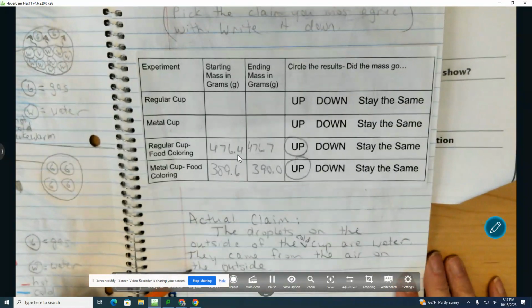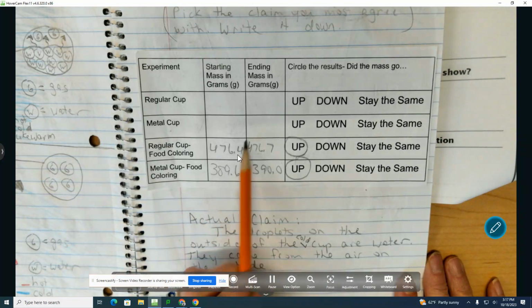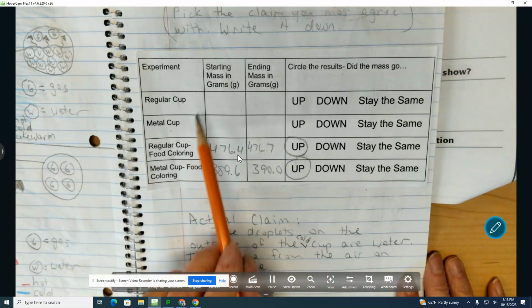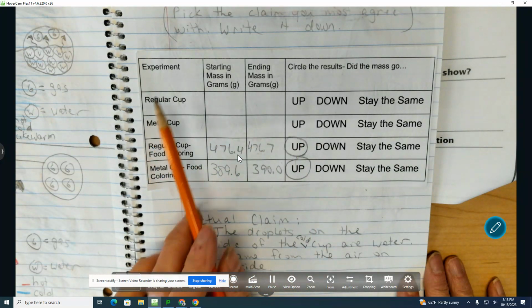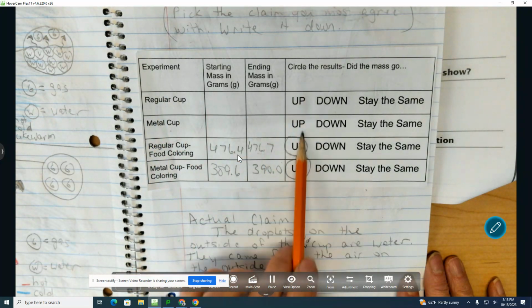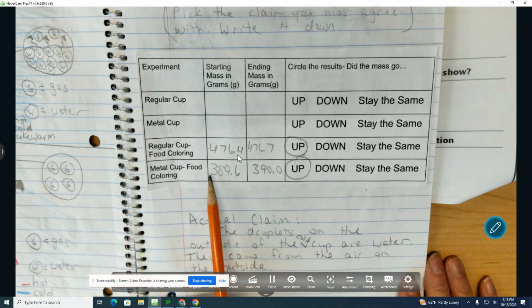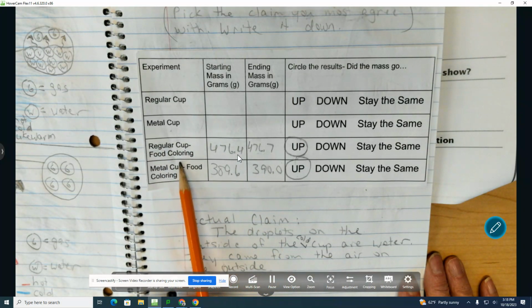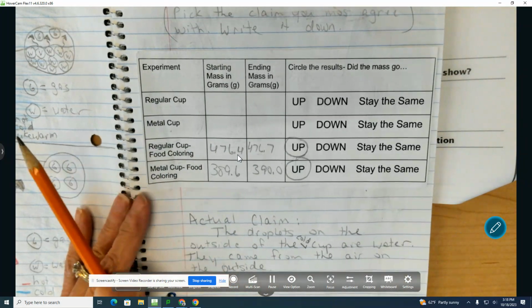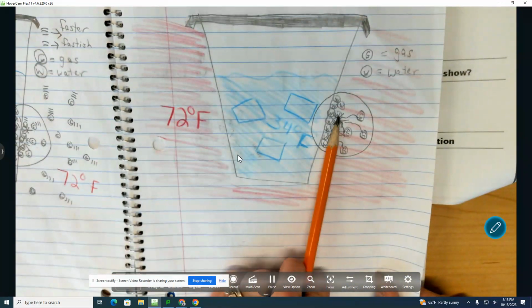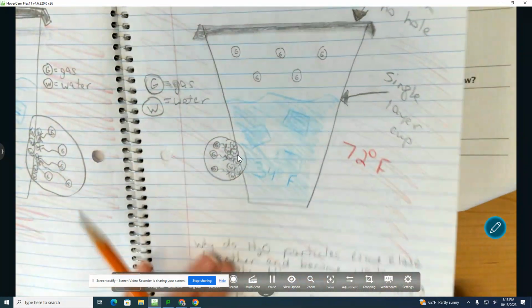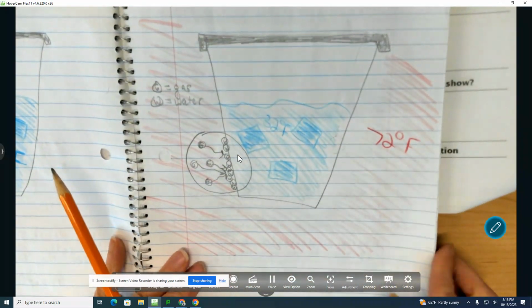They came from the air on the outside. Here is our evidence that when water collected on the outside of the cup, mass went up. We know it's from the outside because the water on the outside was not red, but the water on the inside was. So it had to have come from the outside. Models that we drew for that show gas molecules condensing and becoming liquid. Okay, so that's lesson 5.